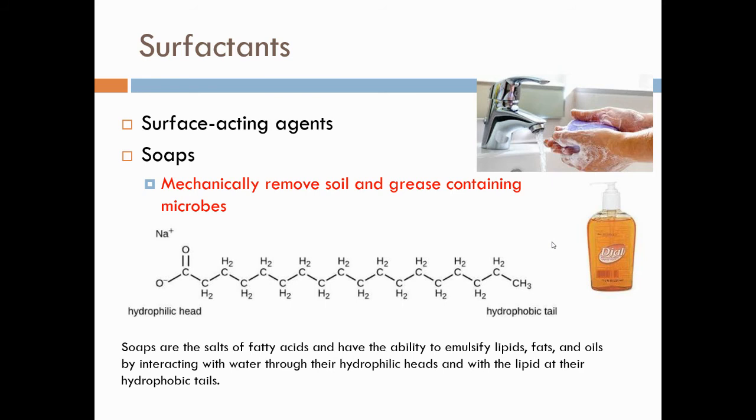So any of the dirt on our hand, they lift away, just our normal oils that are in our skin, lifting that away, flush it down the drain. So soaps are made of the salts of fatty acids. So they emulsify lipids and fats. That's how they lift them off. They get in between, they break them down, and then they interact with the water, and off we go, rinsed down the drain.